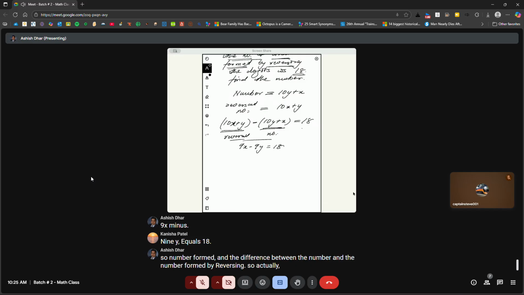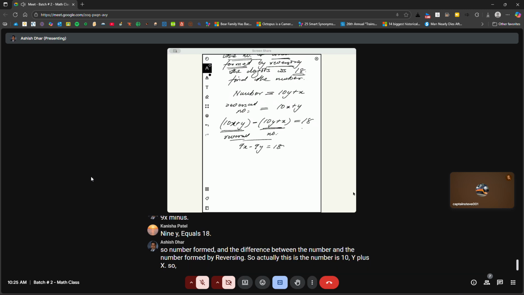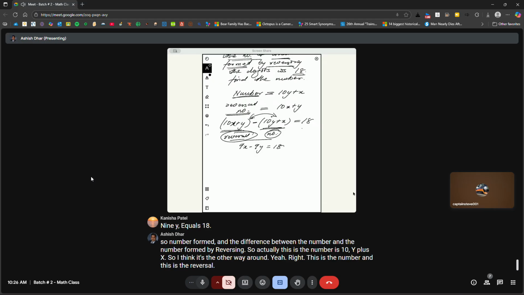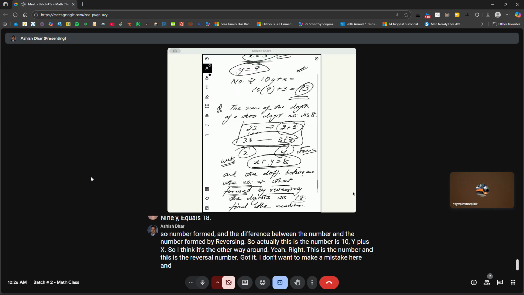So actually this number is 10y plus x. So I think it's the other way around, Yash. Right? This is the number and this is the reversal number. Got it? I don't want to make a mistake here.